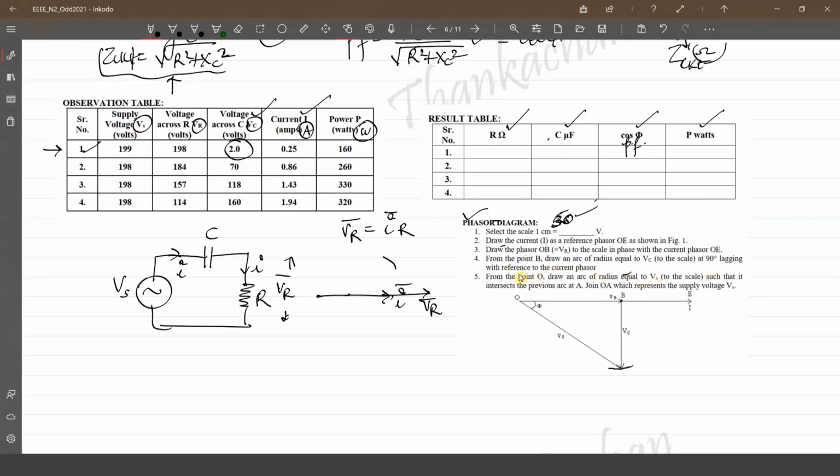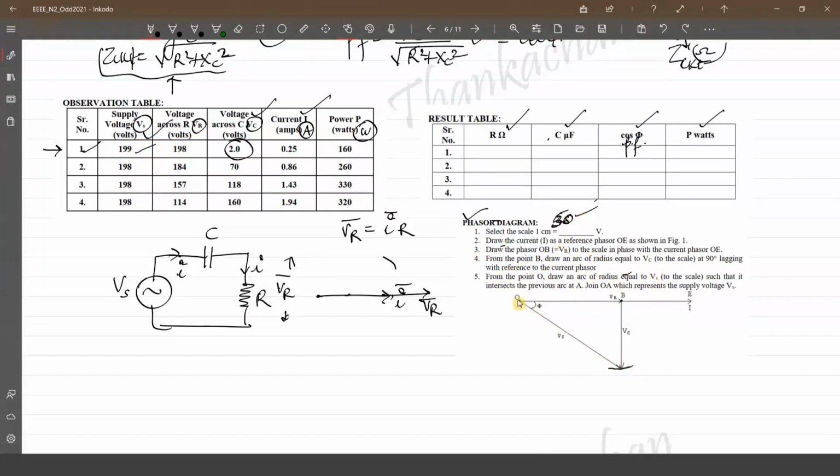Add 90-degree lagging with the reference to the current phasor. So you are just cutting it like this. Now from point O, draw an arc of radius equal to VS. VS is which voltage? This, 199. So draw the VS, 199 divided by 50.